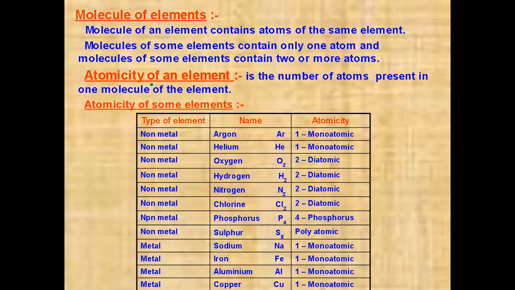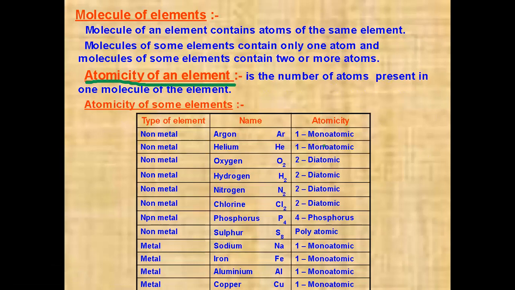Atomicity of an element. This is a very easy topic, and I'm sure you're going to catch this and study this as easily as possible. Atomicity is of five types: monoatomic, diatomic, triatomic, tetraatomic, polyatomic.